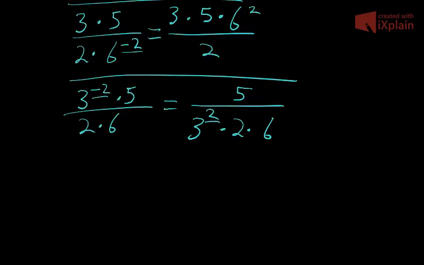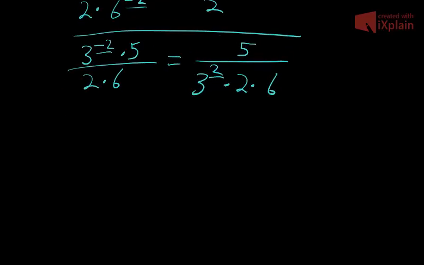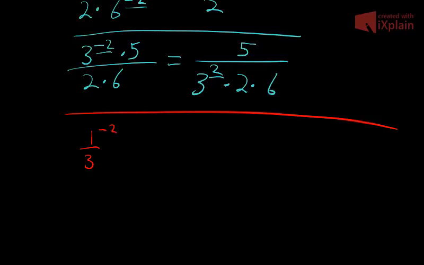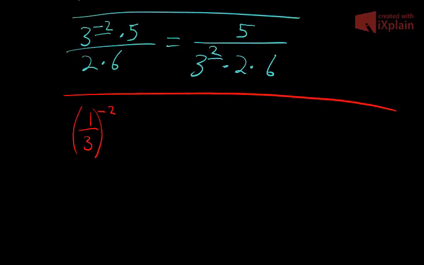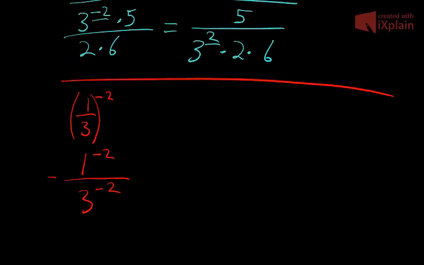What's going to happen when we have entire fractions to negative exponents is it's actually going to become a little bit easier. So if I have 1/3 to the negative 2, the whole thing to the negative 2nd, this can simplify to 1 to the negative 2 divided by 3 to the negative 2.